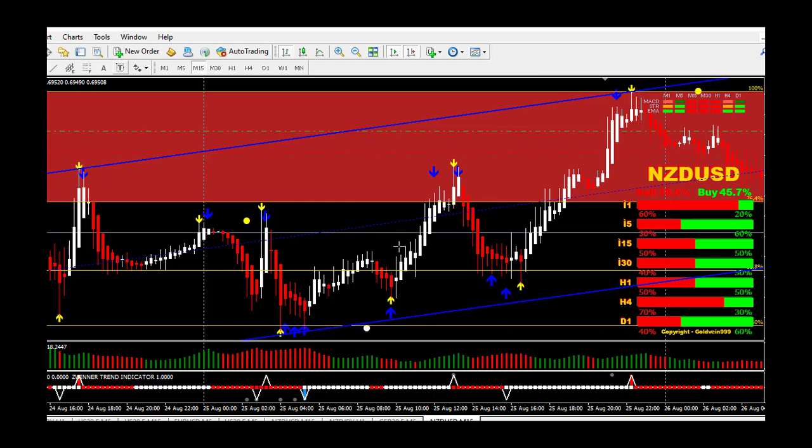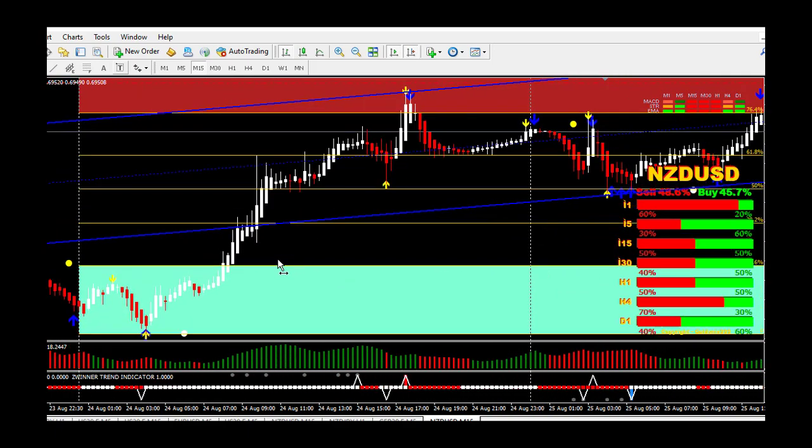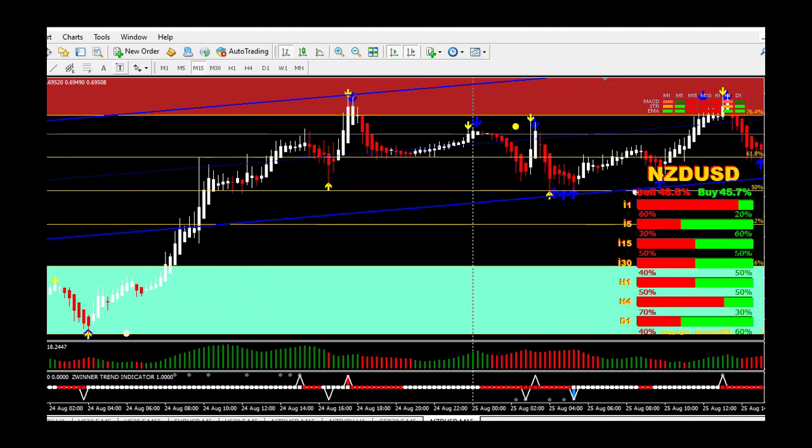It works well if you follow this strategy. Everything must be in agreement at the sell zone or buy zone. So this is a buy zone, and this is another setup.